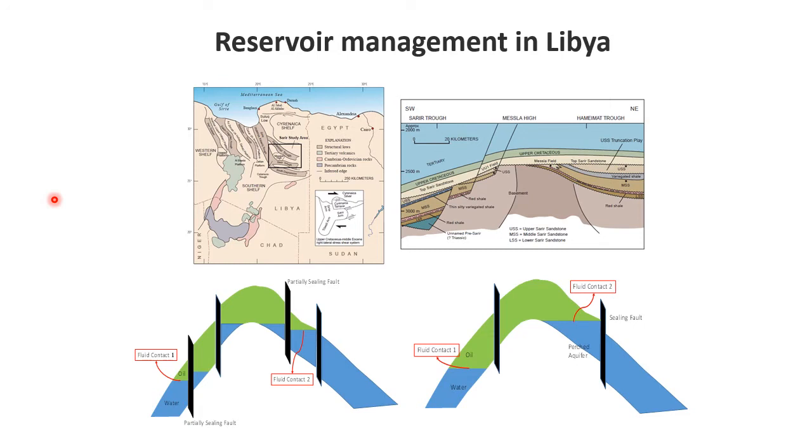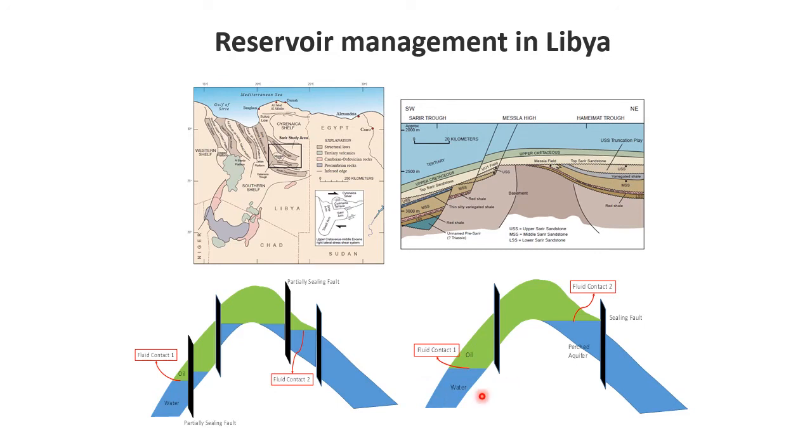And so that's important. For example, here at the bottom we see two situations or scenarios that could happen. One, we have four faults where we see that the oil-water contact is very heterogeneous in nature. It's not just a flat oil-water contact, which has to do with the sealing of that fault.